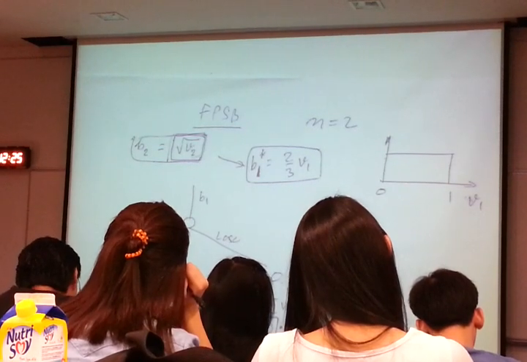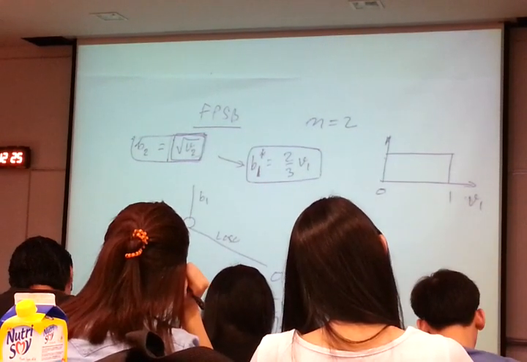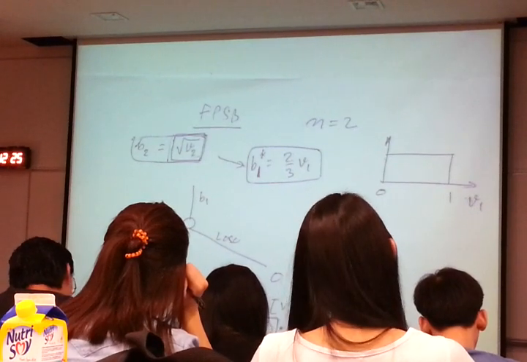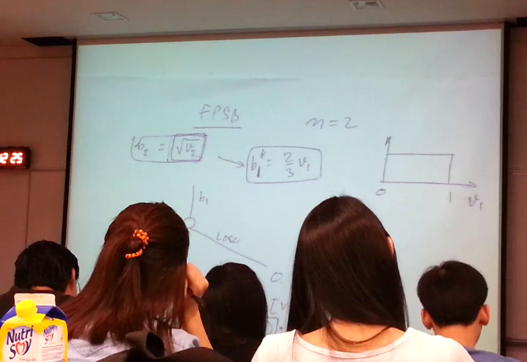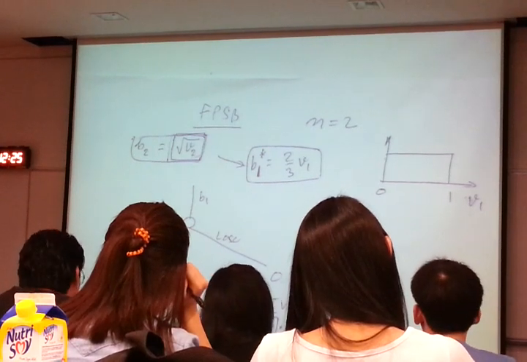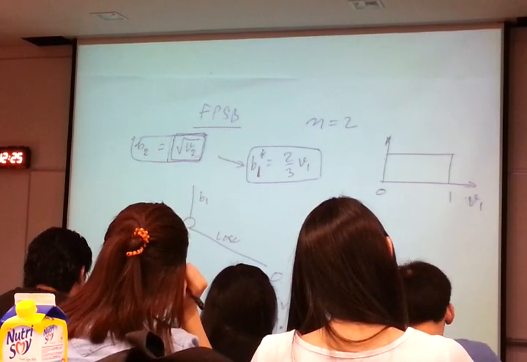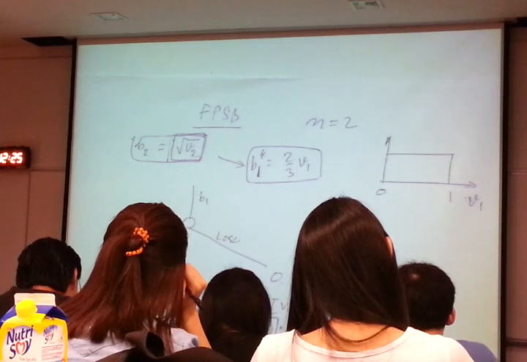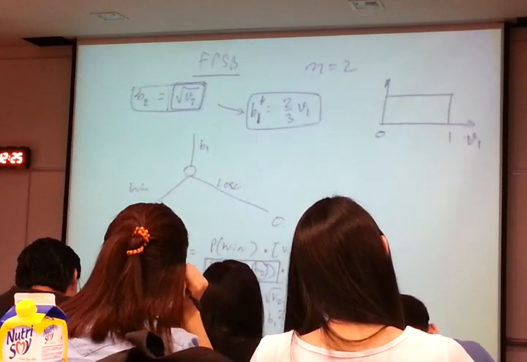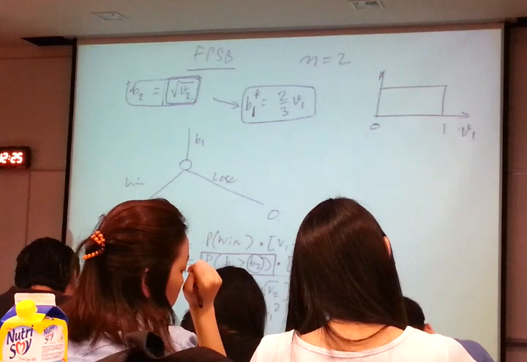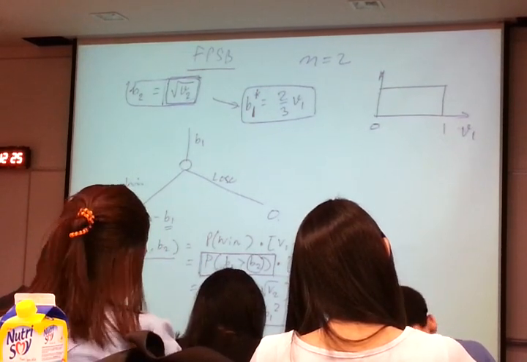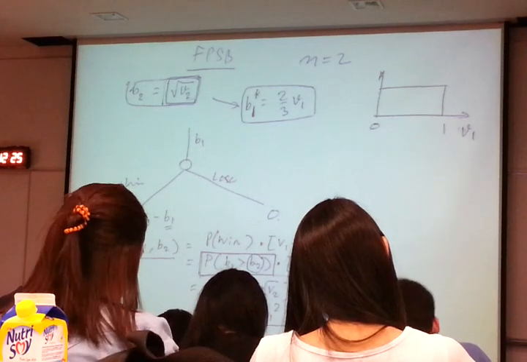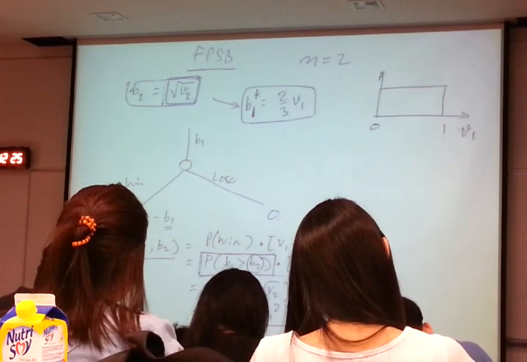Still, it is not good enough because I have to express this inequality in terms of V, because the distribution is in terms of V. So the probability that V2 is less than B1 squared, times V1 minus B1. Alright, got it. What is the probability that a randomly drawn valuation will be less than B1 squared?